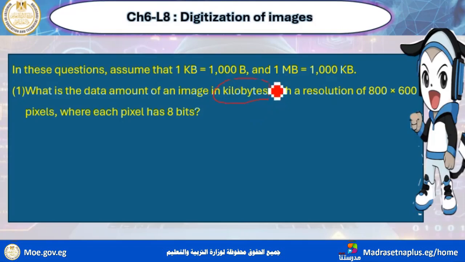We want the result in kilobytes with a resolution of 800 multiplied by 600. So this is the number of vertical pixels and this is the number of horizontal pixels, where each pixel has 8 bits. The depth of color is 8 bits. What will you do? Calculate the data amount.